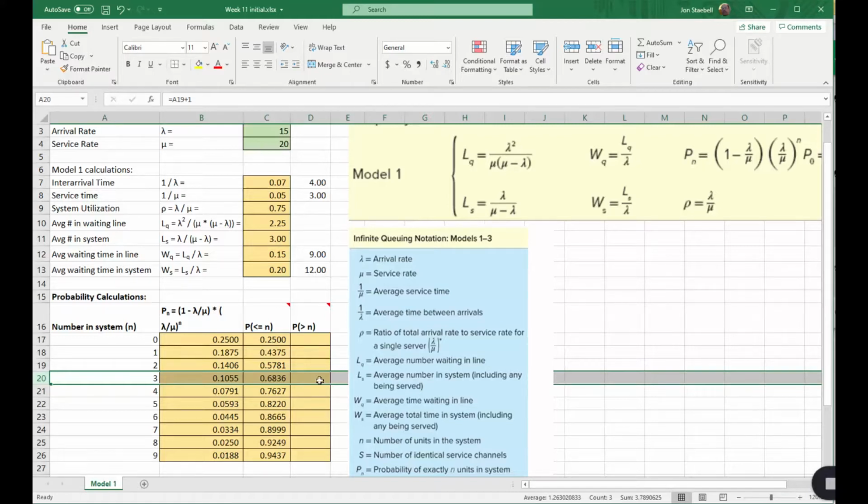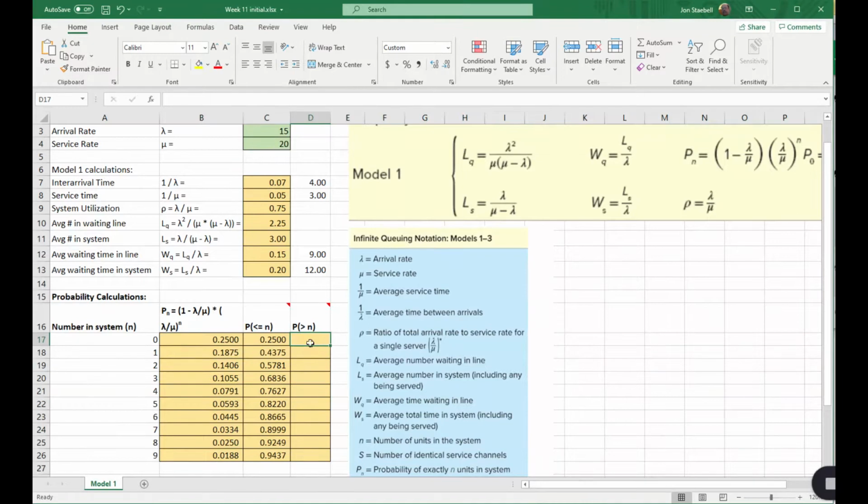All those numbers, that probability is the additive inverse of 0.6836. So 1 minus that. So to calculate column D here, I just say equals 1 minus column C, and I can drag that down.